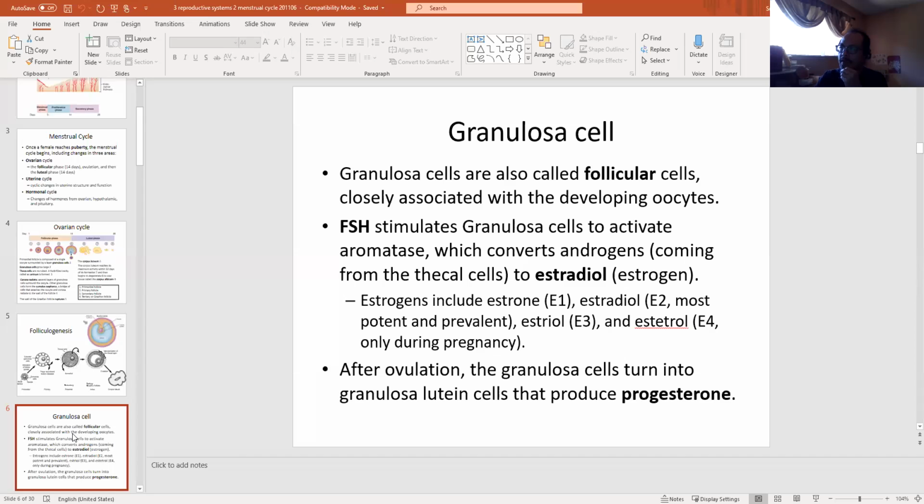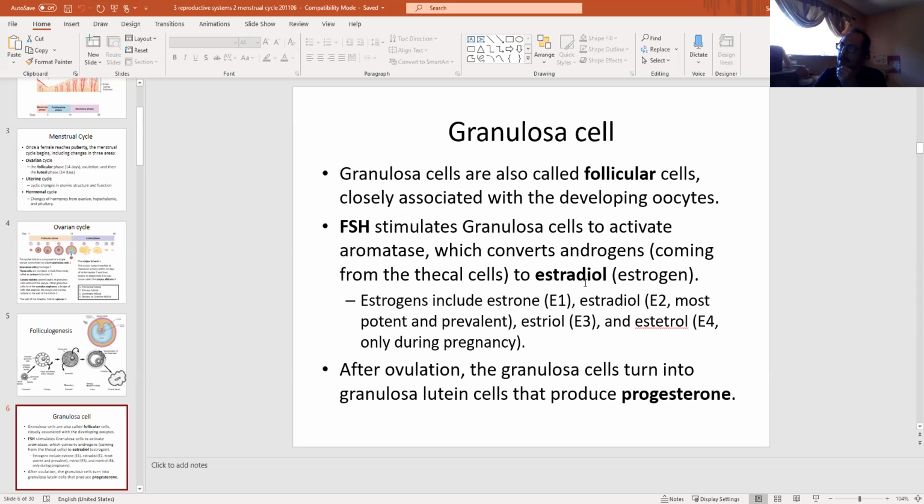By the age of puberty, follicle stimulating hormone stimulates the granulosa cells to grow, and also to work with the theca cells to produce the female sex hormone, estradiol.